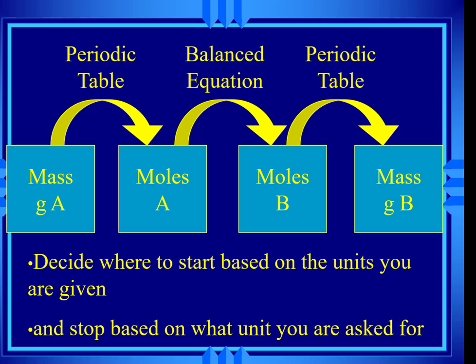At most you do 3. Last night or last Friday, whichever one you decided to do, you just did these 2. You just did 1 conversion factor where you got the number out of the balanced equation. So we just got to tack numbers onto each end of that.